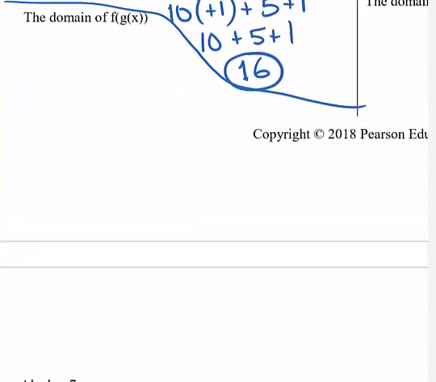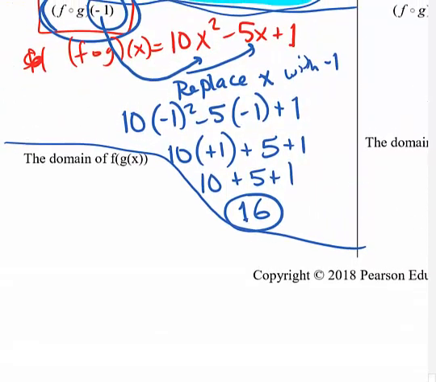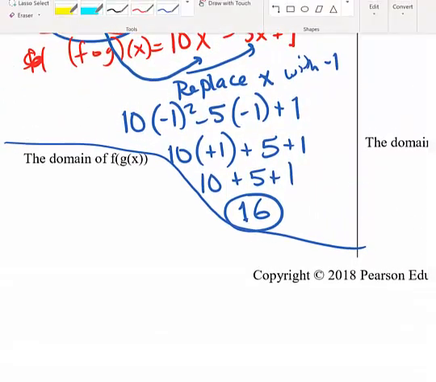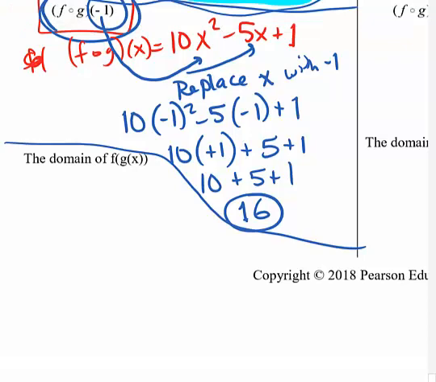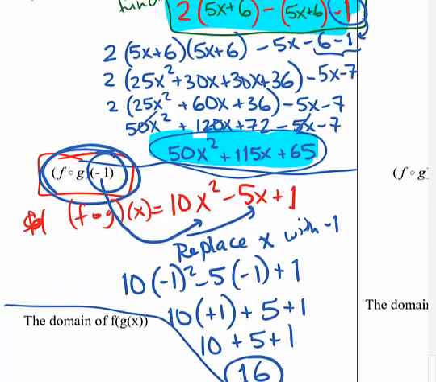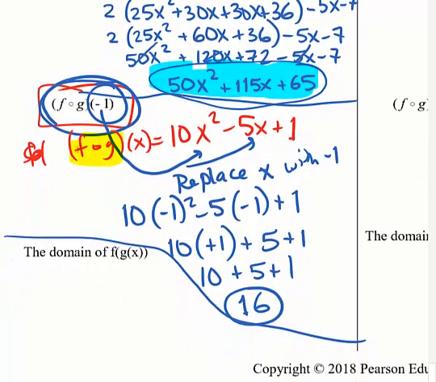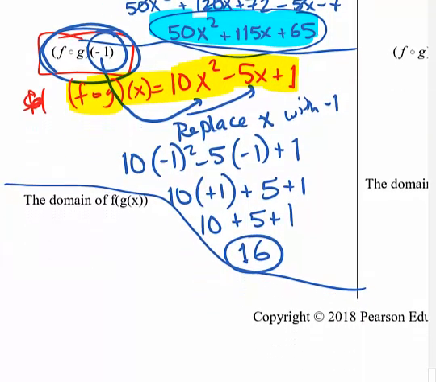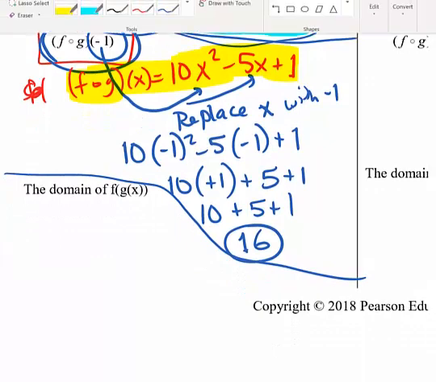And the last thing would be, what's the domain of f of g of x? But that, we can go back to the beginning. Remember the very first example we did was find the domain of blah, blah, blah. And it said first thing you want to do is look for an even root. Okay, f of g of x actually I found right here. There's no even root, so I want to make a note of that.